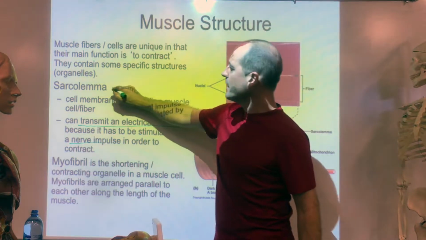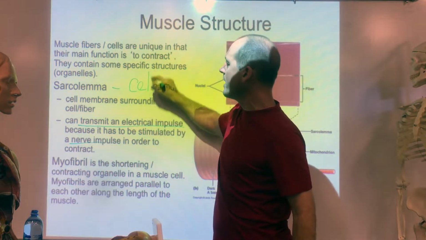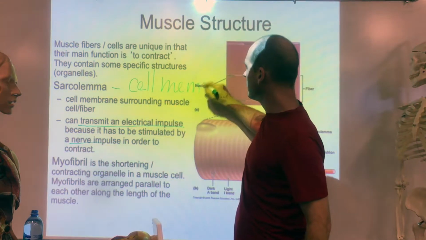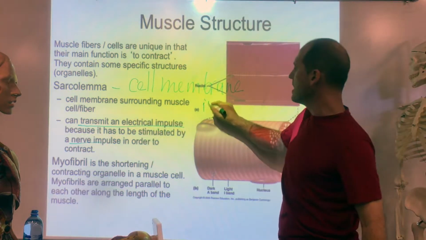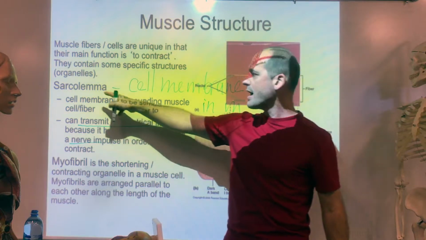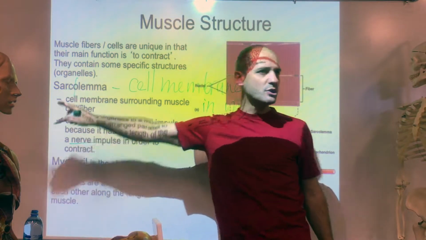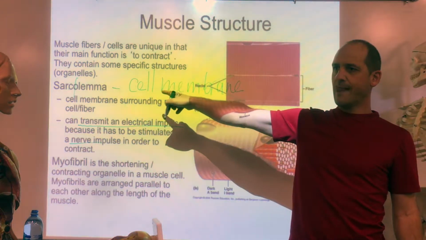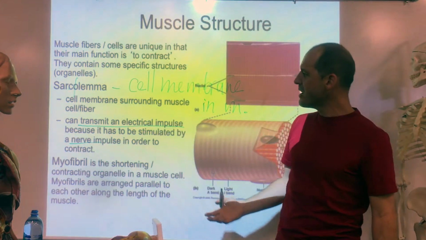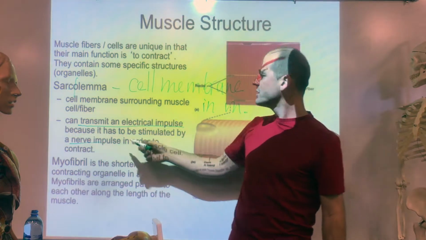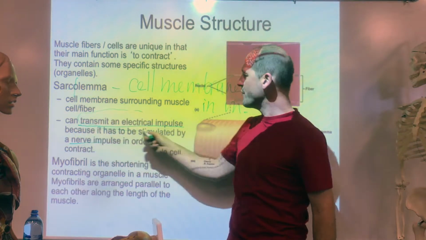The cell membrane in a muscle is called a sarcolemma. Sarco is muscle related. Whenever you see sarco, you know it's muscle. And it has its own name. It's not just a cell membrane because it's got this electrical transmission thing going on.